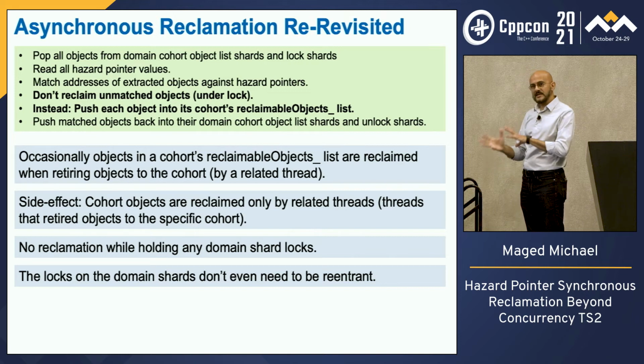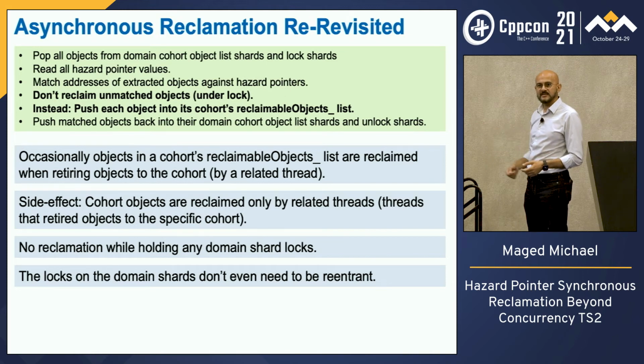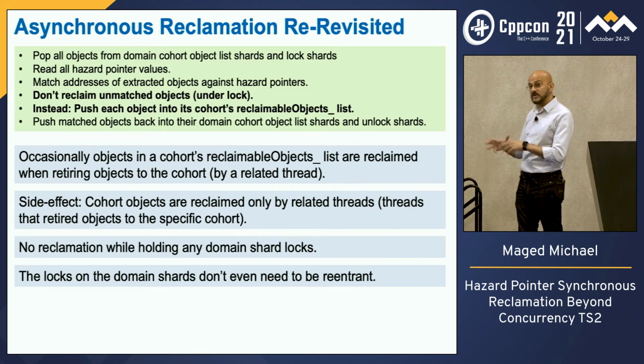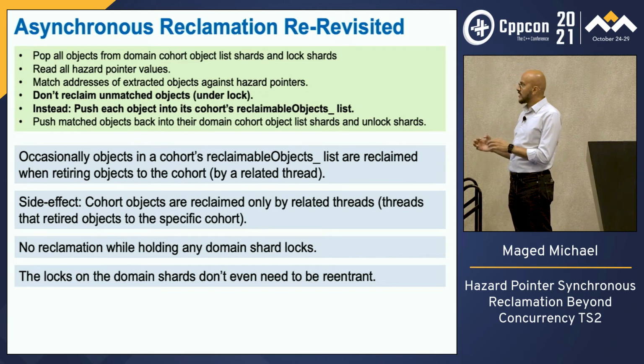What happens in the cohort is that occasionally, whenever a thread needs to retire an object to a cohort, it will just check that list. Is this list empty? If not empty, it goes ahead and deletes the objects that have already been determined by asynchronous reclamation to be reclaimable. A good side effect is that cohort objects are reclaimed only by related threads that retire objects to that specific cohort.